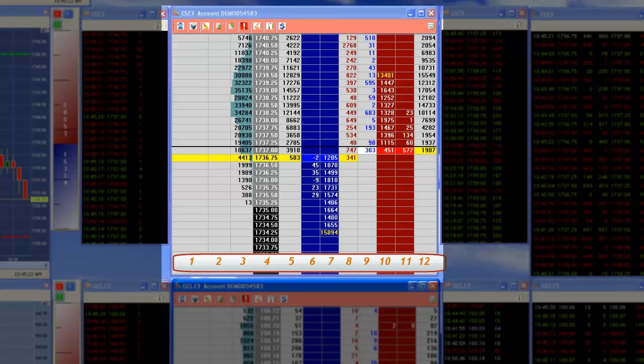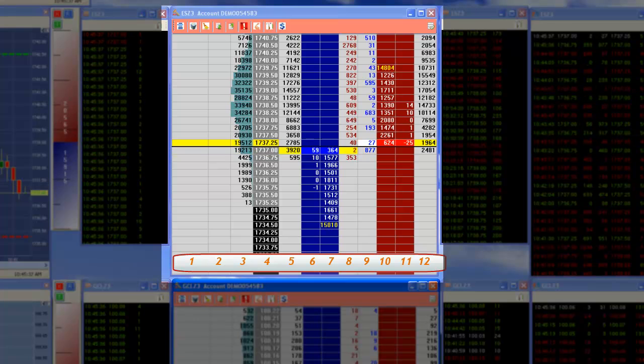And then these other inside ones, the 8 and 9, these are the actual executions taking place at that level for a given time period. And this refreshes. Once you move to another level, it resets and refreshes, so that when it goes to that level again, you're seeing the stuff in real time.